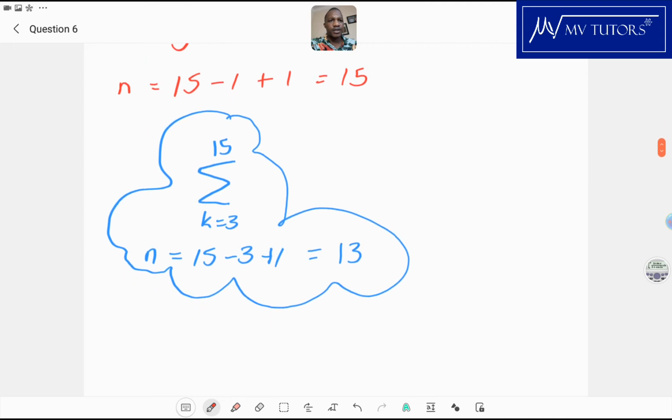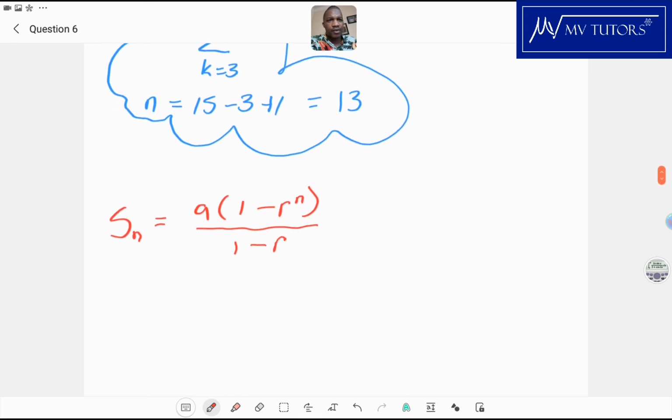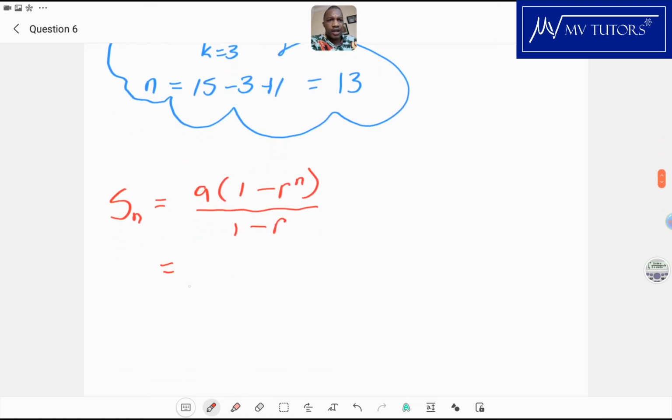It's 15. We need the formula now for the sum. And it's actually given by A, and then you open the brackets and then you put 1 minus R to the n, divided by 1 minus R. Okay, let's just put everything together.